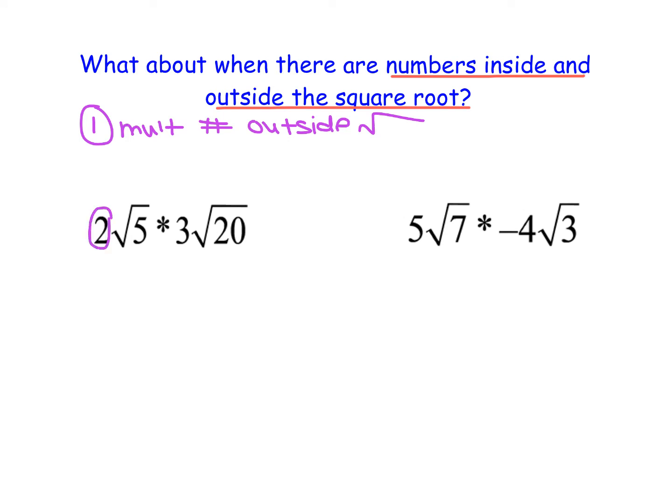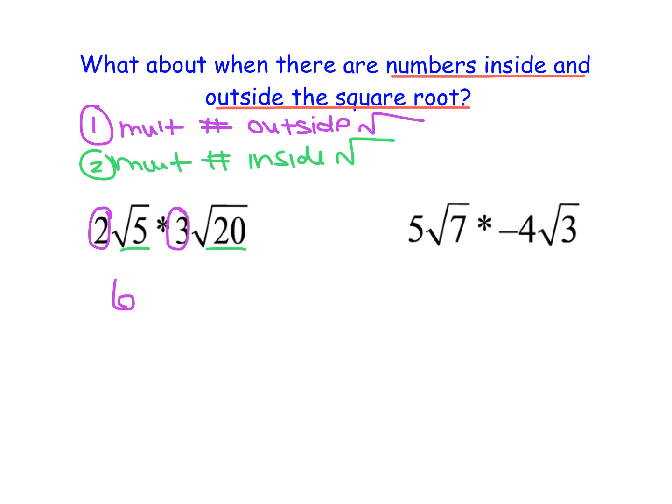So here I notice I have 2 times 3. Well, 2 times 3 leaves me with 6. And then the second thing I'm going to do is multiply the numbers inside the square root together, and I'm going to leave them underneath the square root. So here I notice that I have 5 and 20.